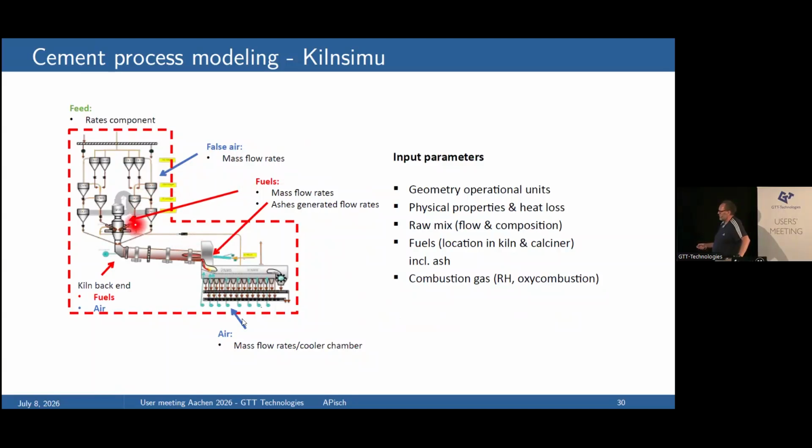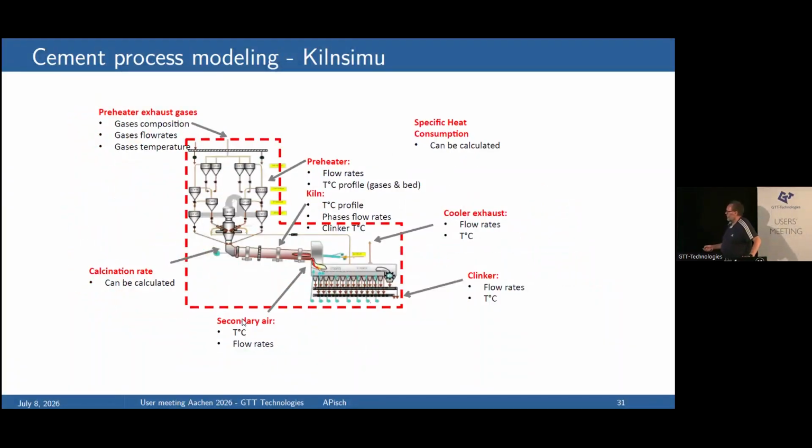We put the fuels here, and we put the air here. So basically, we have every input flow that we need, and the output flows then are the gas coming from the stack here: the gas composition, the gas flow rates, and the temperatures. The composition and the temperatures are measured, so you really can compare them to real measurements.